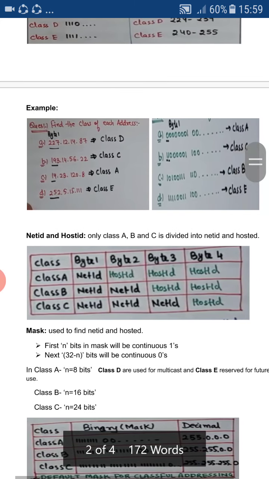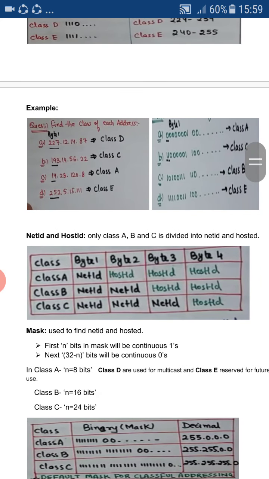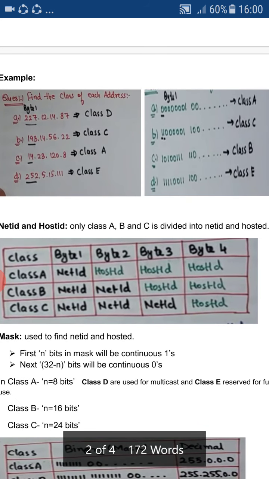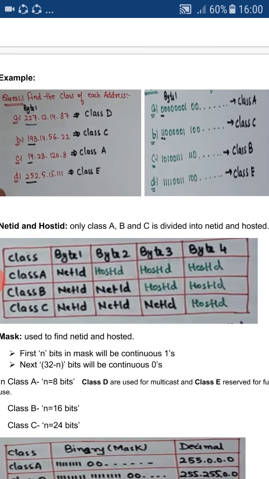Now we'll study the next terminology, net ID and host ID. Only class A, class B and class C are divided into net ID and host ID. Length of net ID and length of host ID varies based on the type of class they use. Again, to study the net ID and host ID, you can refer to the diagram.